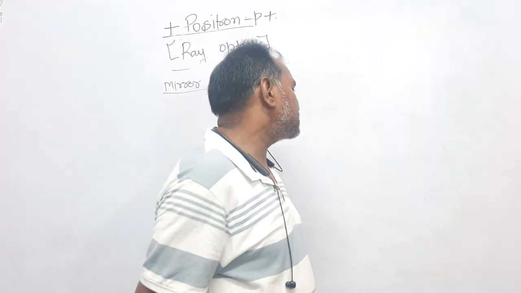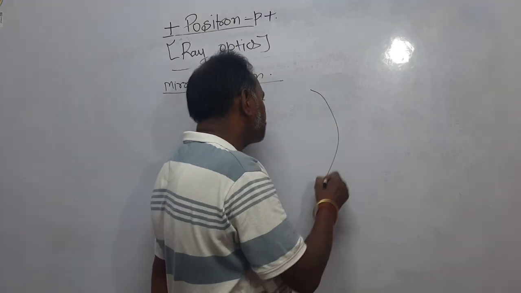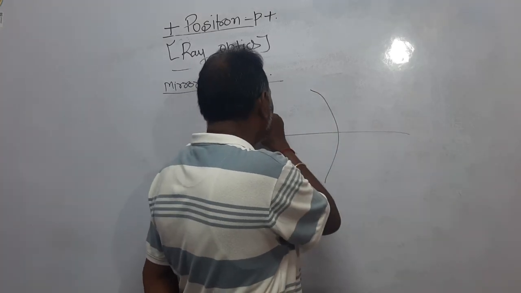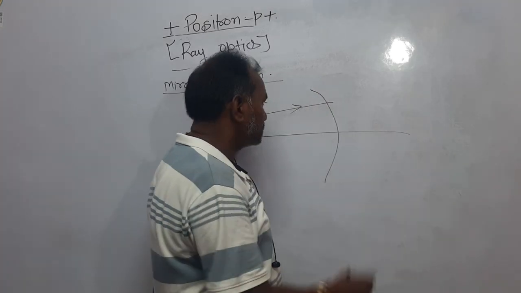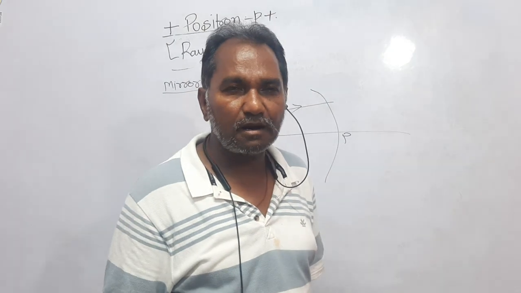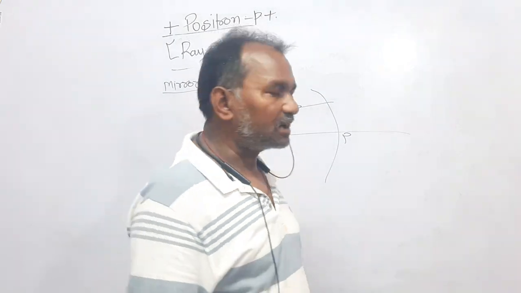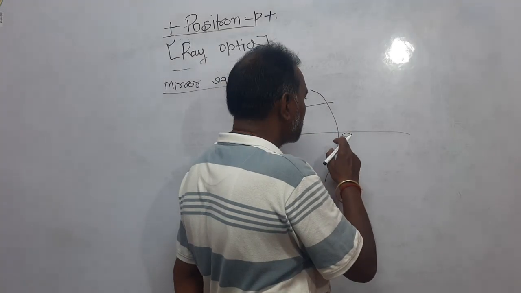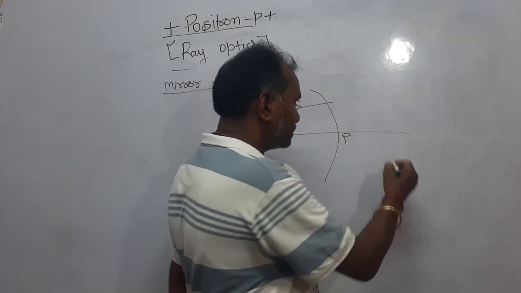Most students are very confused while solving numerical problems about what values to put, whether positive or negative, right? So it is very simple. Dear student, let this be your pole. All the distances are measured from the pole. The distances measured to the right of the pole are positive.